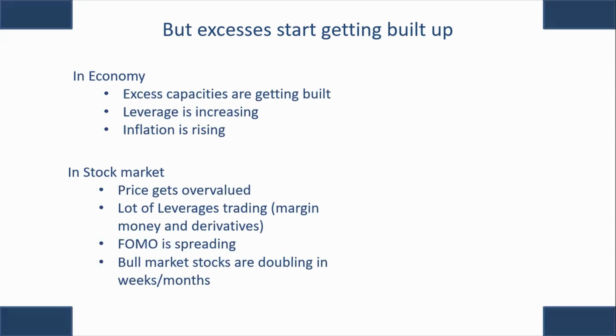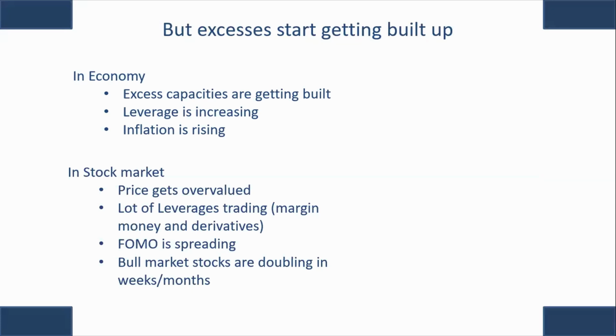Banks are giving loans, companies are raising capital, and inflation is rising because demand is so high. And in the stock market, prices are overvalued. There is a lot of leverage-based trading happening. Everyone thinks quick money, easy money is there. FOMO is spreading in the market, and there are stocks, the bull market leaders, which are doubling every few weeks or months.